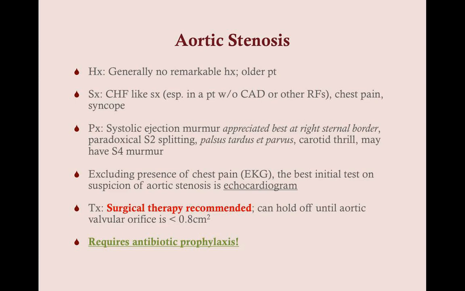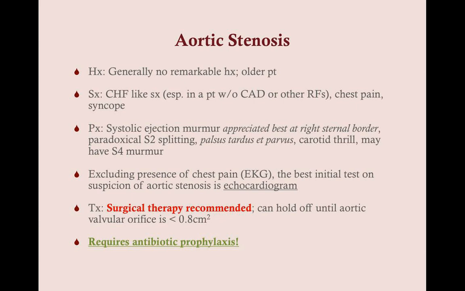Carotid thrill is often common, and that's just simply because if you auscultate the carotid artery, what you get is sort of the whoosh, whoosh, whoosh sound, and that's just a projection of the noise of the murmur coming from the aortic valve. So you're getting a murmur, but it's coming from the aortic valve, and you're hearing it in the carotid artery.